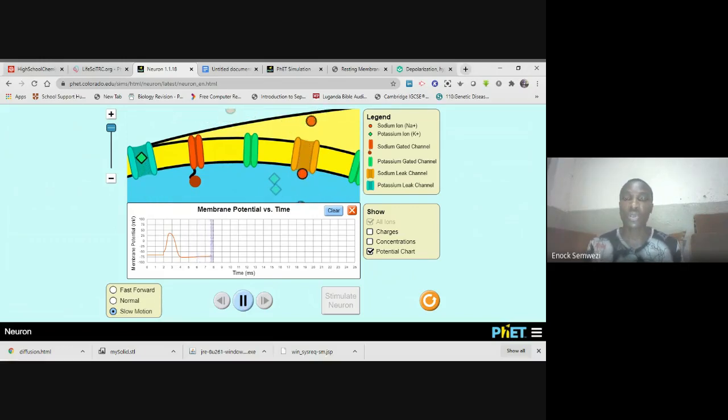And then also we shall have the membrane potential being restored back to norm. That's what happens.